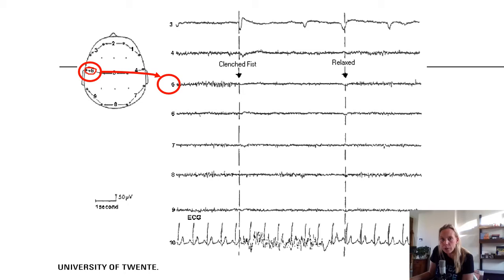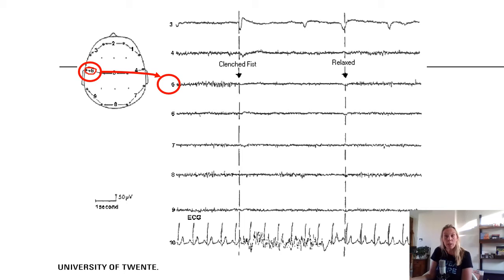At this moment, the participant is clenching his fist. He's doing something motoric. And what do you see happening to the EEG pattern? You see the amplitude of the frequency disappearing. So the signal becomes much smaller until the participant relaxes again, and then you see the amplitude becoming bigger again.